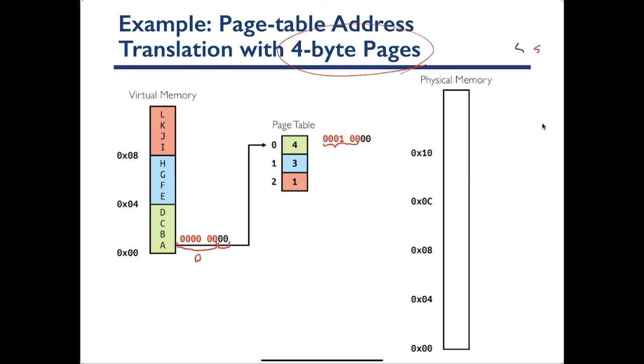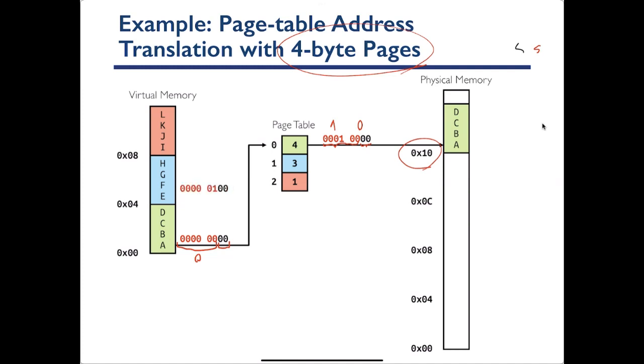So I copy the physical page number here, and I copy the offset without changing it. The offset was 00. Now I have a different address. So this is the address that I'm going to go to memory. Now this is 0. This one is 1. So this is going to go here. So this is where page 1 is going to be mapped.